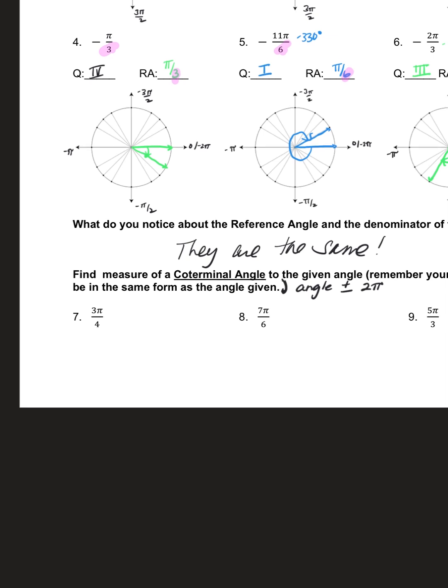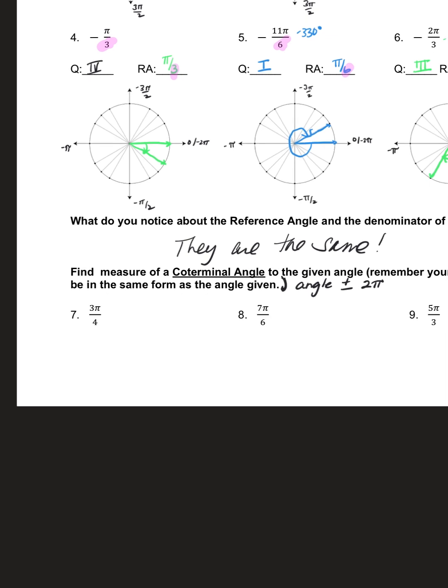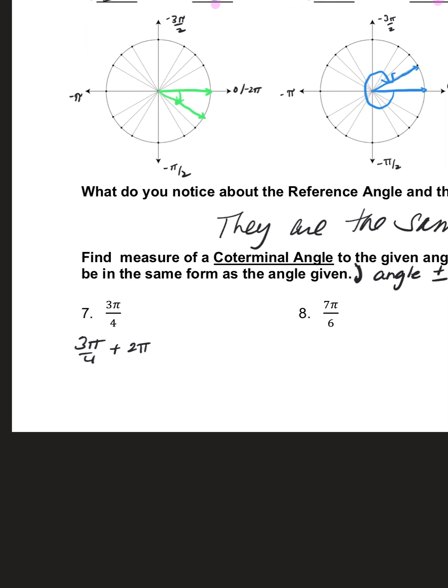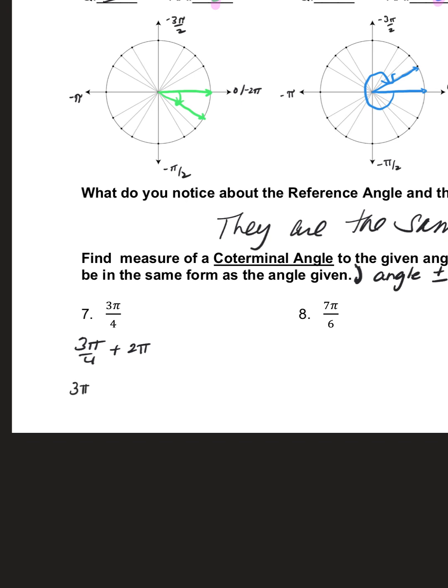So to find the coterminal angles, I must first take the angle and add 2 pi, and I must also take the angle and subtract 2 pi. So common denominator, we did this earlier, so I'm going to quickly do this. This is going to be 8 pi over 4. This will also be 8 pi over 4.